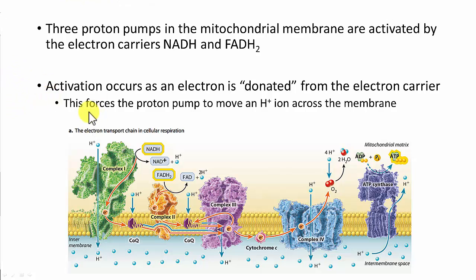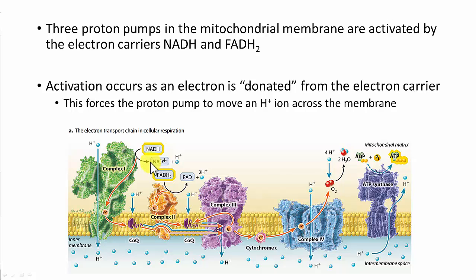So what's going to happen is the electron carriers, NADH and FADH2, are actually going to move right up next to these complexes that are established in the inner mitochondrial membrane, and they're going to transfer their potential energy to these complexes, which is like the equivalent of hooking up a battery to an electronic device.